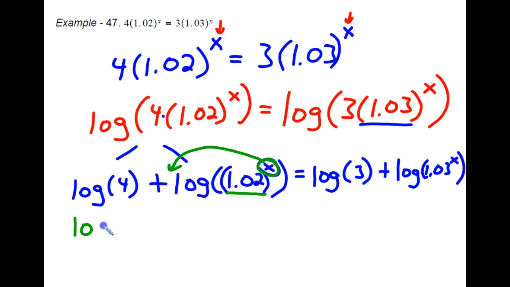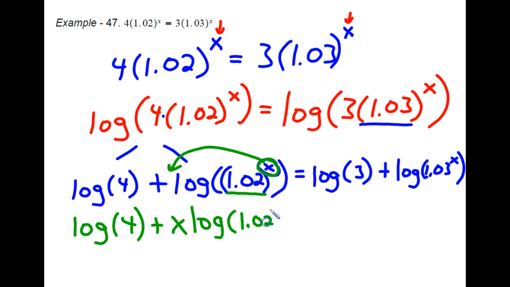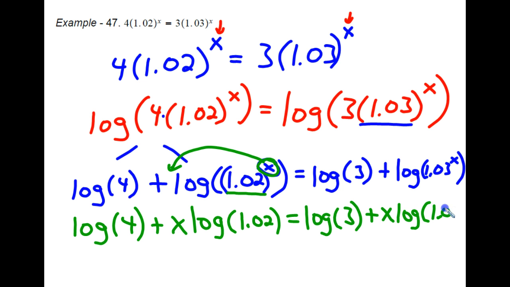And so I'm going to get log base 10 of 4 plus x times log base 10 of 1.02. The same thing's going to happen on the right-hand side. We'll get log base 10 of 3 plus x times log base 10 of 1.03. We're bringing the x, multiplying it down in front of that logarithm.